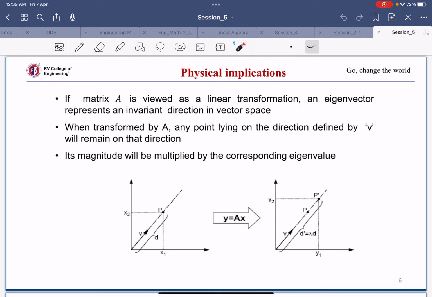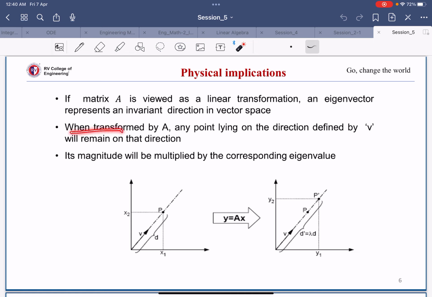So as I mentioned earlier, if matrix A is viewed or regarded as a linear transformation, an eigenvector represents an invariant direction in the vector space. So the direction of the vector remains the same or remains invariant.